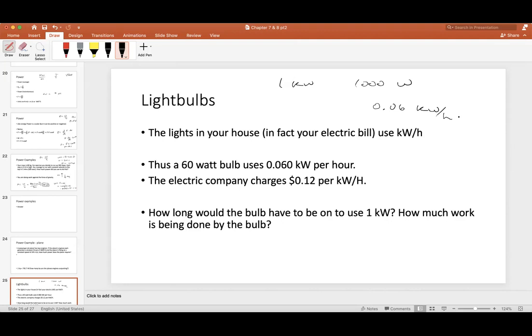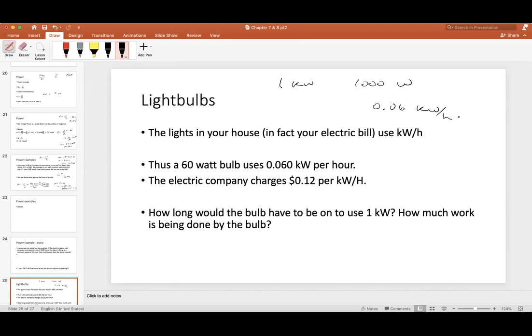Well, your electric bill tells you how many kilowatts per hour you use. It basically adds up and gives you the number. And if you look it up, you might get charged 12 cents per kilowatt hour, okay? So we know that we're using 0.06 kilowatts per hour to run a 60-watt bulb, right? So if we ran it for an hour, it would use 60 watts, right?